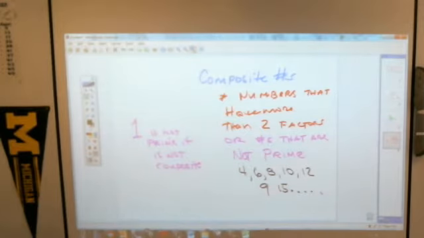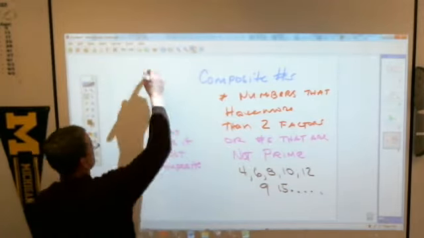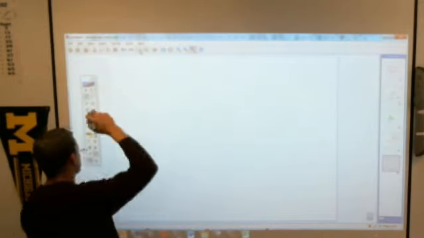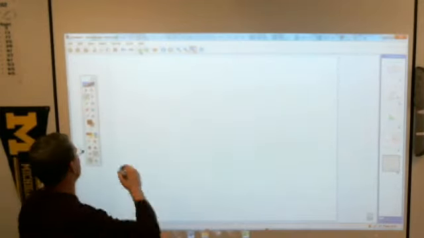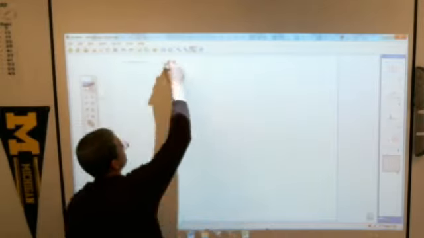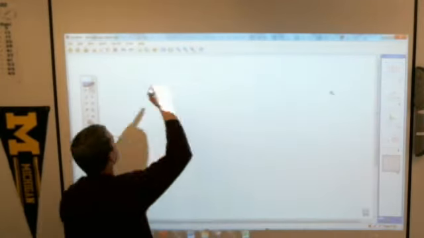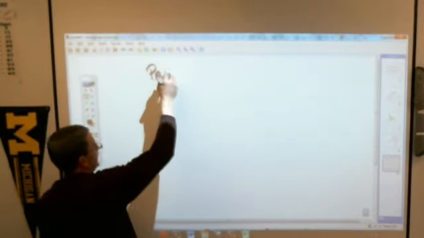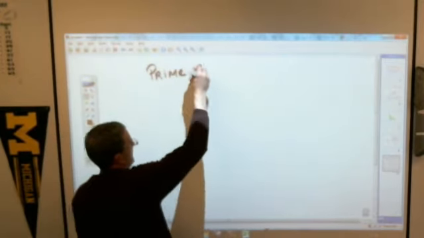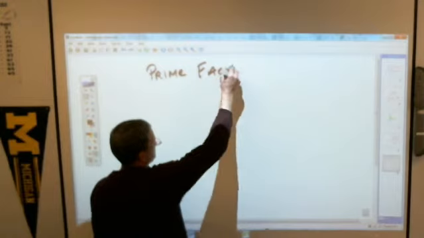Now, with that being said, we need a blank piece of paper, because this is what today is really about. And on top of this, write prime factorization.